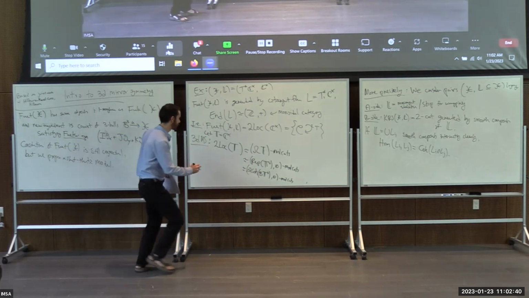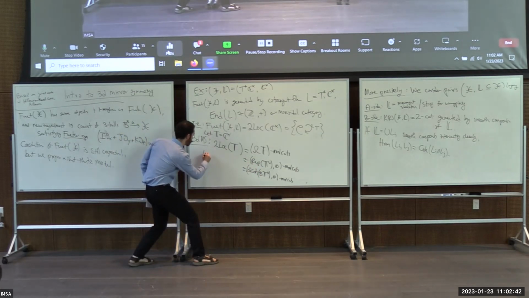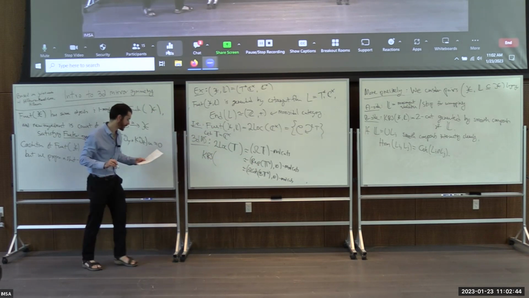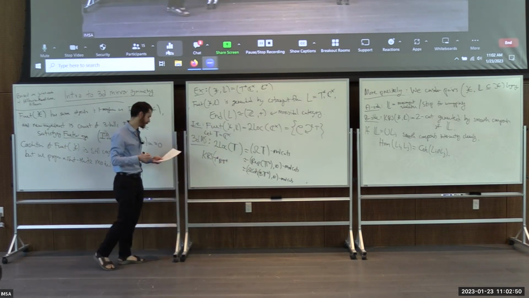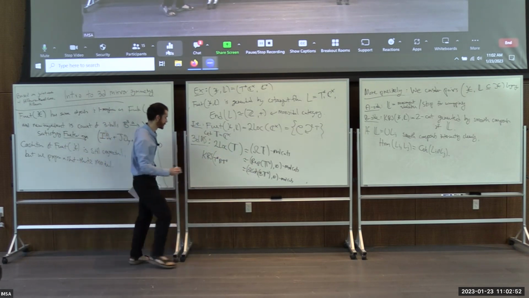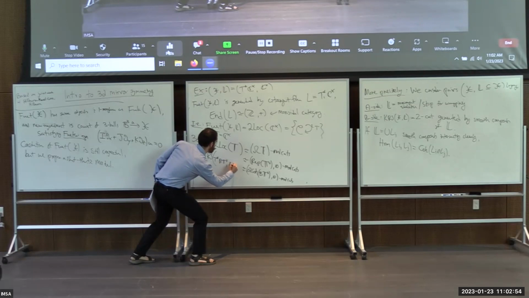And that matches up exactly with what I said before, which is the Broader 2 category of the cotangent bundle of the stack BT check, with its Lagrangian given by the 0 section, L equals BT check.